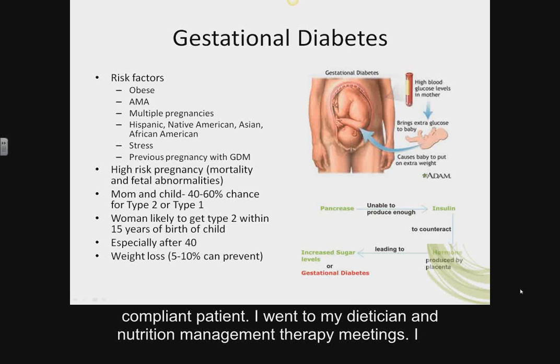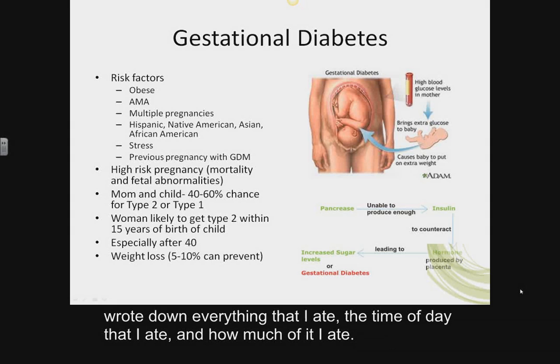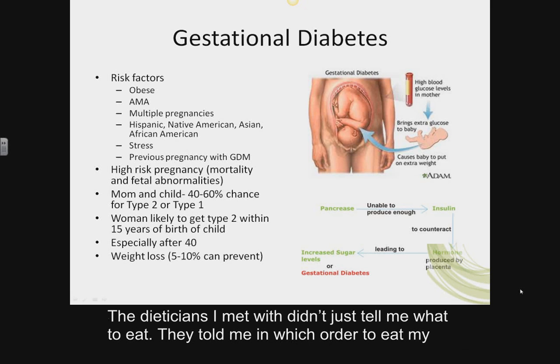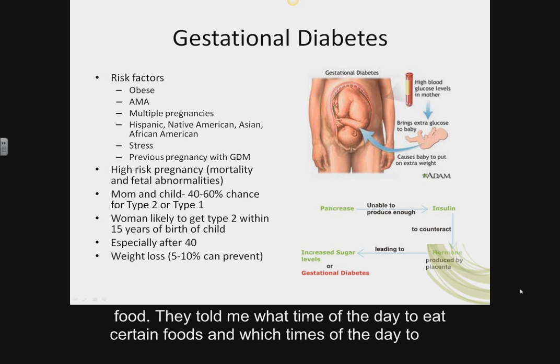I wrote down everything that I ate, the time of day that I ate, and how much of it I ate. The dietitians I met with didn't just tell me what to eat. They told me in which order to eat my food. They told me what time of the day to eat certain foods and which times of the day to avoid certain foods. I mean, this was remarkable.